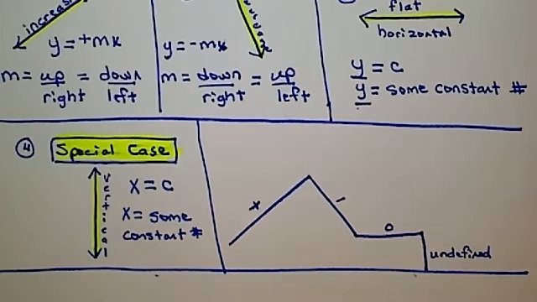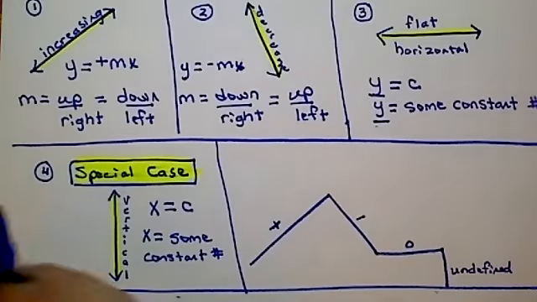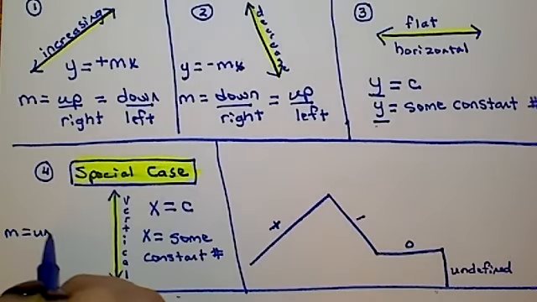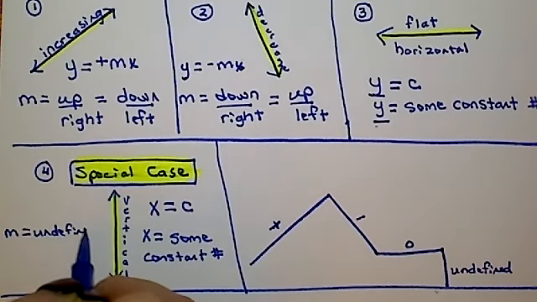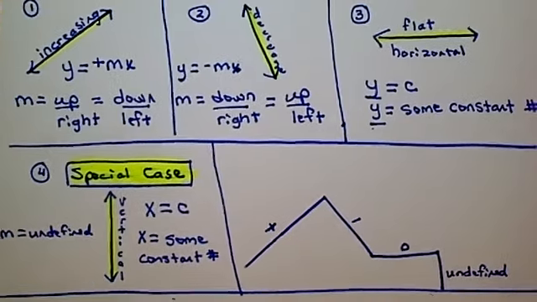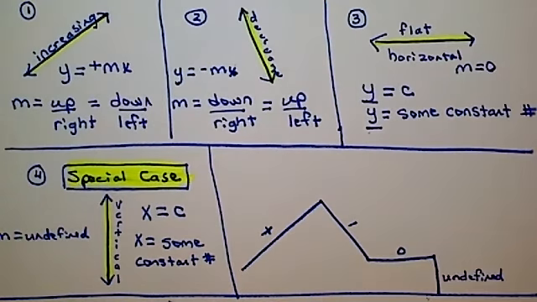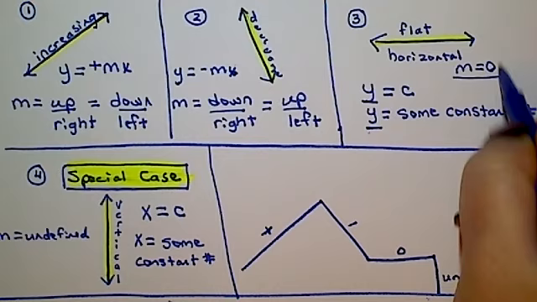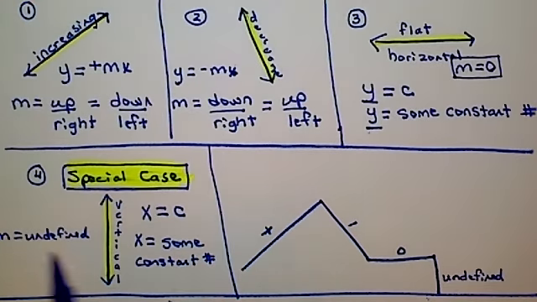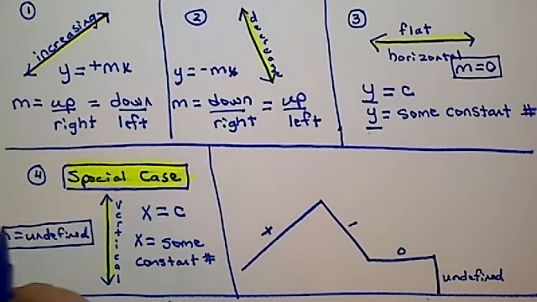So with the slope for this one, the slope here is undefined. Okay, the slope for this one is going to be 0. So your slope is 0. Here, your slope is undefined.